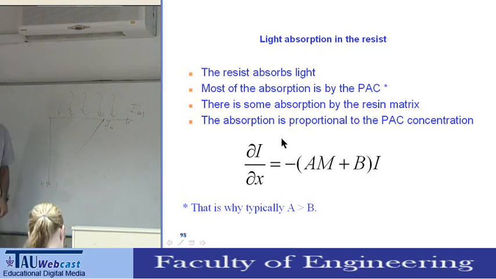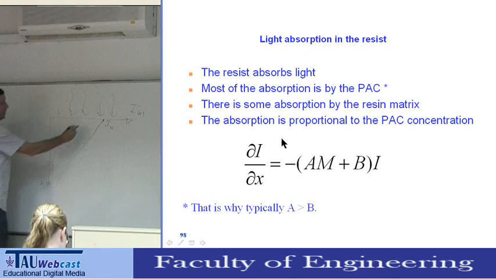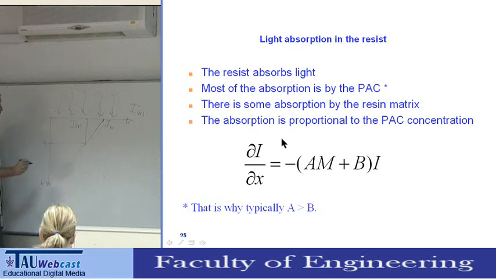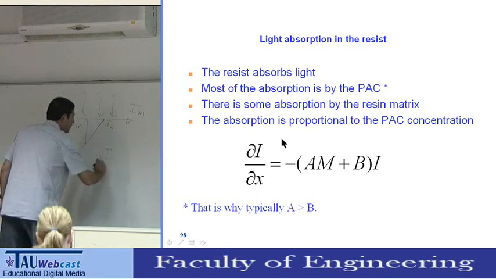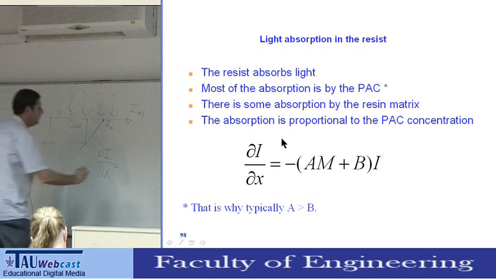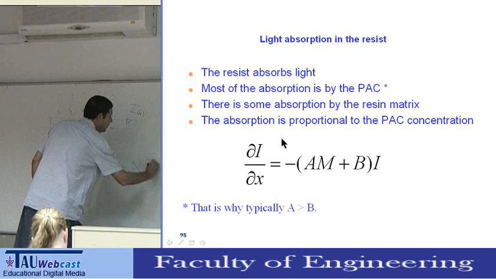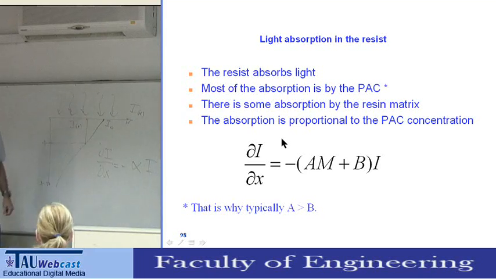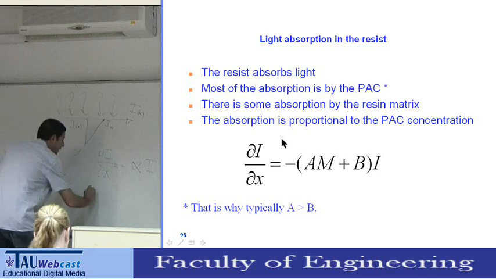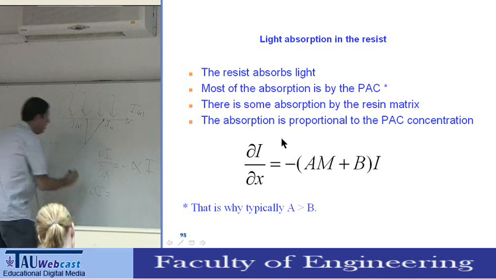Why? Because of absorption. If I am at coordinate x and the intensity is I of x, then the rate of decay of the light intensity, dI over dx, is equal to some constant alpha times I.